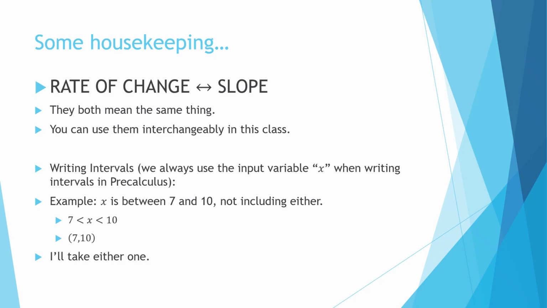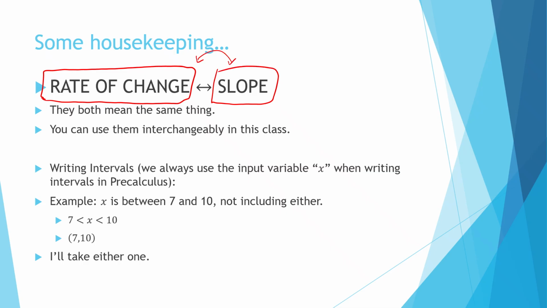All right, so now let's get into a little bit of housekeeping before today's lesson. The first thing is rate of change is a new term that you will see. This is the exact same thing as what's more commonly known as slope. You've probably heard slope before a lot more in algebra and algebra 2, right?